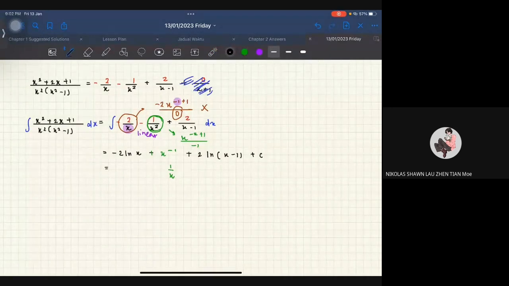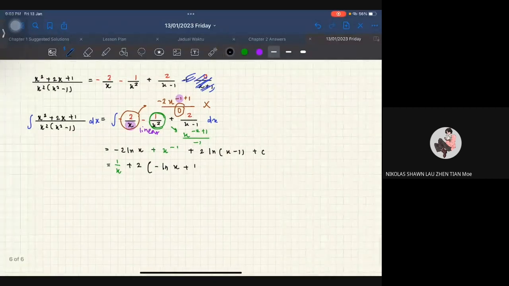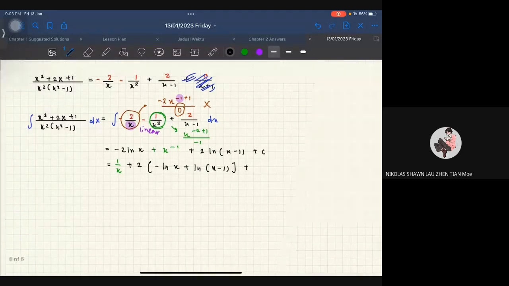So saya letakkan yang ni ke depan, right? And then I factorize the 2 keluar. So I have plus 2 in a bracket negative ln x. And then I have plus ln x minus 1. Plus with C.